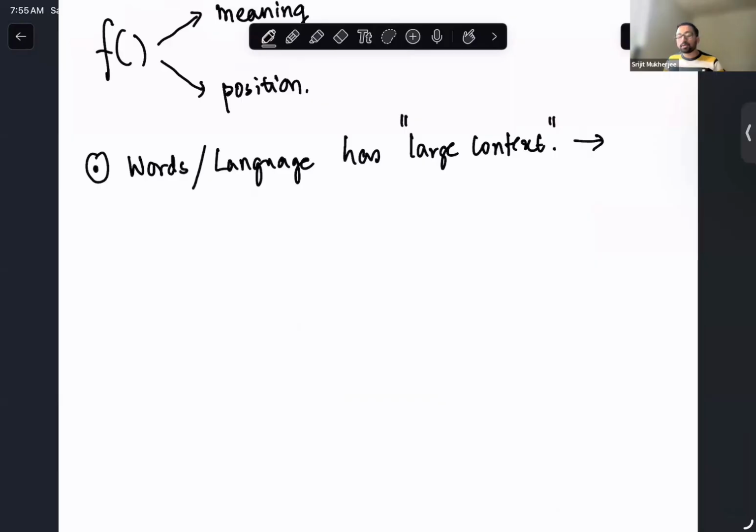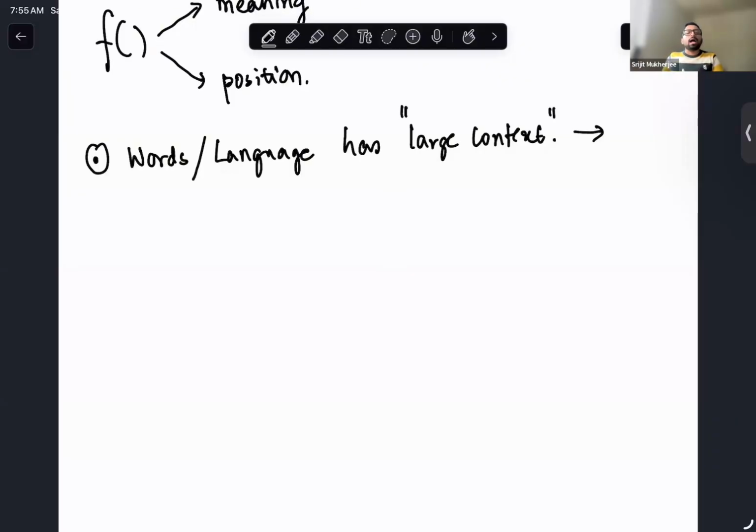Because this will be very important to understand. Our goal is to do language modeling. Now, what is modeling? Modeling is, as I said, predicting the next word given a few words. We'll come to this again and again in the future in this discussion. But why am I specifically saying long context?